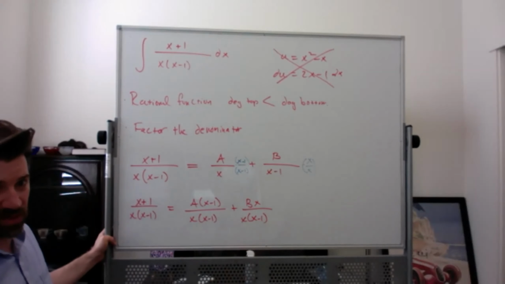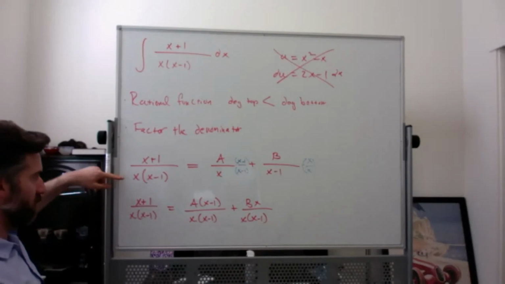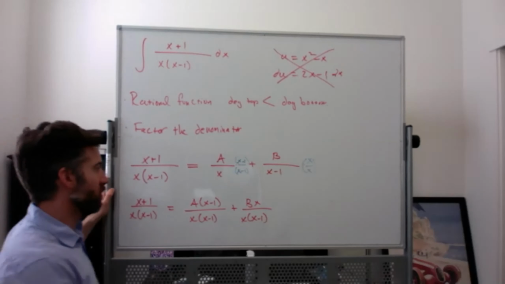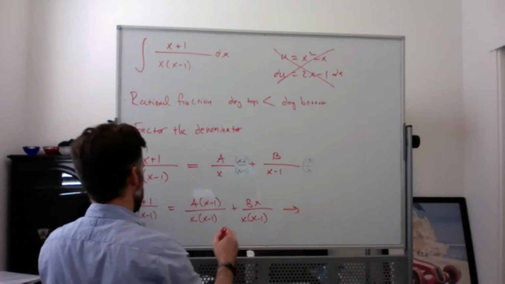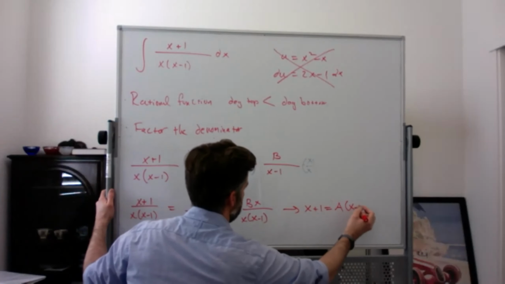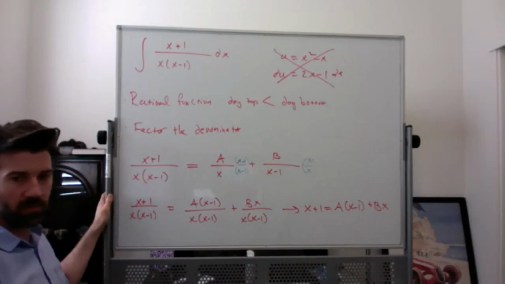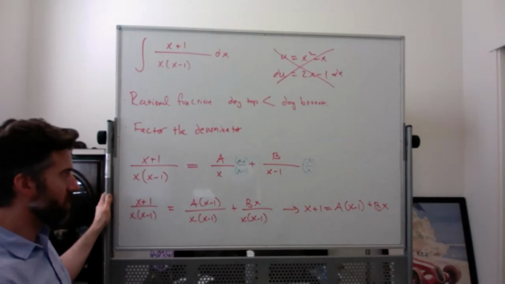And then we completely ignore the denominators. In fact, usually what people actually do is they just multiply both sides by this denominator. So really, what people actually do is say x + 1 equals A times (x - 1) plus B times x. We ignore the denominators.